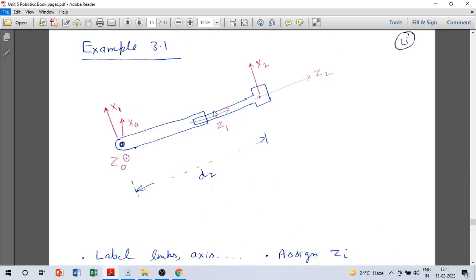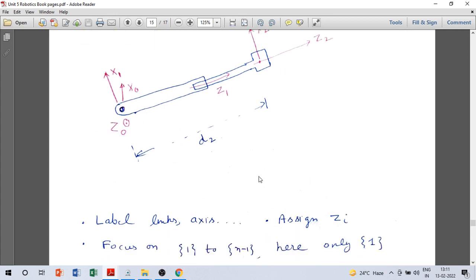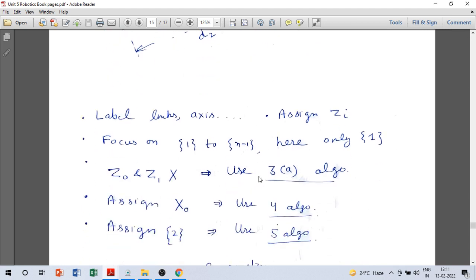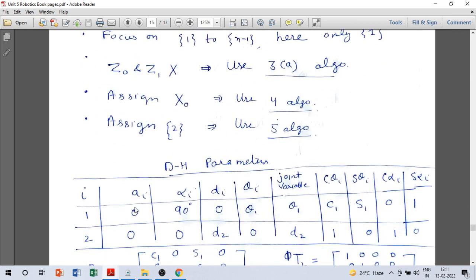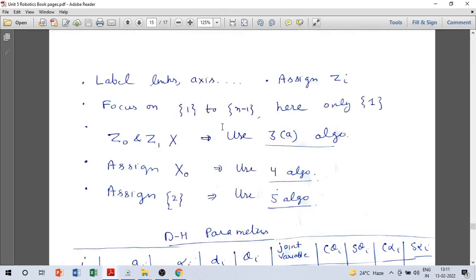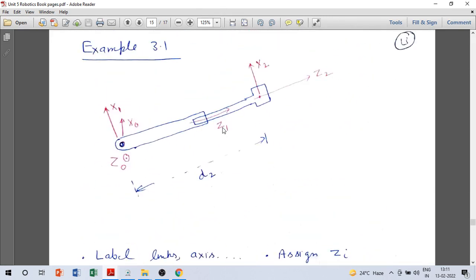So see, now if we are looking at a1, alpha 1, d1, theta 1, you see the z0 and z1 axes, they intersect. So what does that mean? That means link length is 0, so a1 becomes 0. And what is link twist here? Link twist will be the angle between z0 and z1. That is clearly 90 degrees here, but you have to measure it in the proper sense.